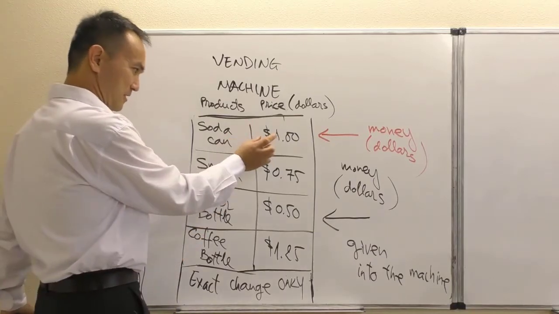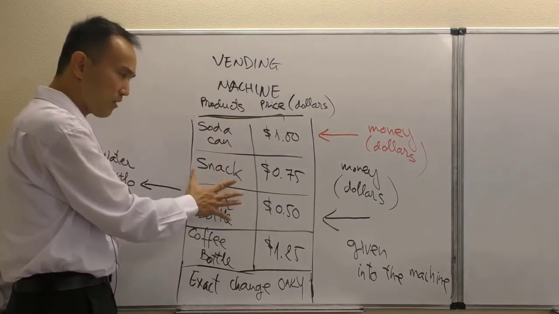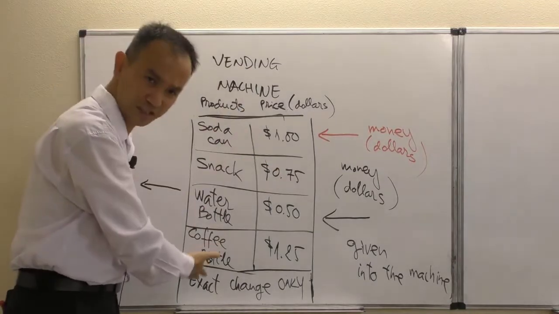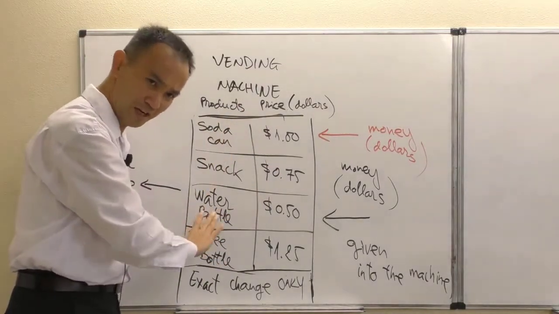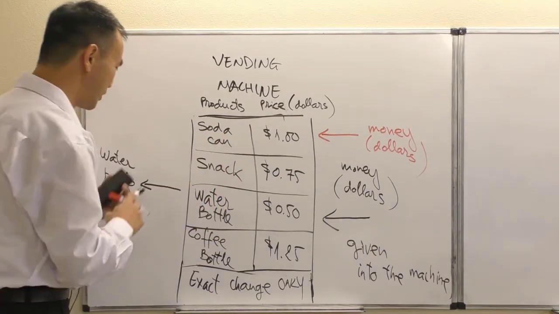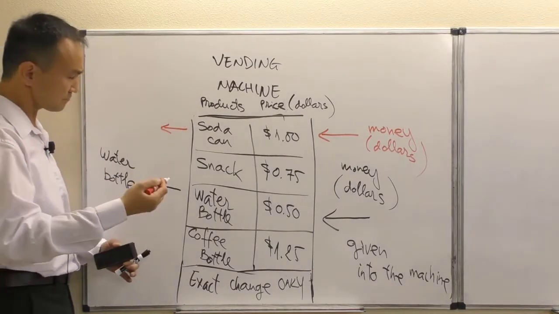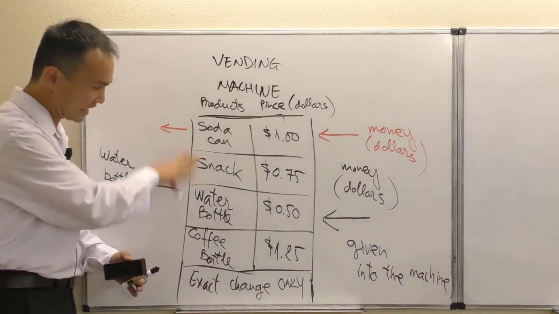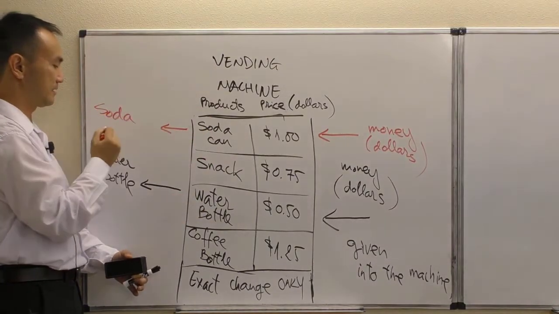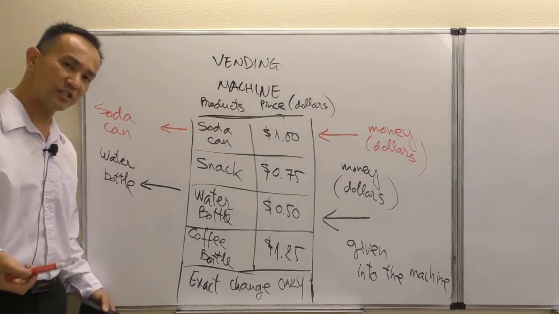The machine sees the exact change is $1. According to the rule of this machine, how it's designed, the machine is going to pop out a different product for you. It doesn't necessarily have to be different, but in this machine, the vending machine gives us a soda can this time.